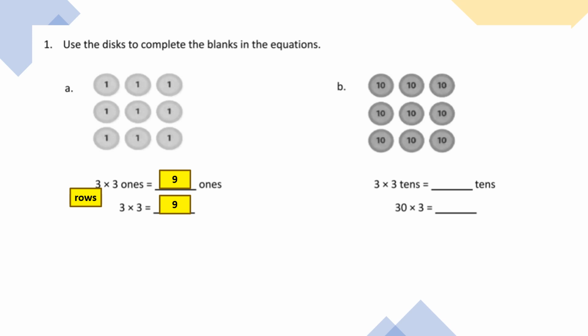Now, we're going to be doing the same thing for B, except the numbers are just a little bigger. So instead of 3 rows of ones, for letter B, we have 3 rows of 3 tens. Now, if we just count our tens, we have 1, 2, 3, 4, 5, 6, 7, 8, 9. We have 9 tens.